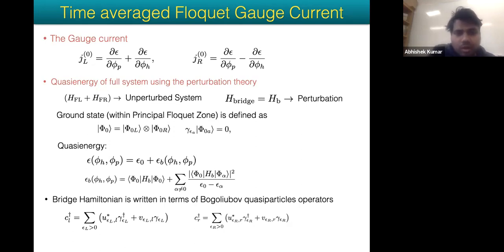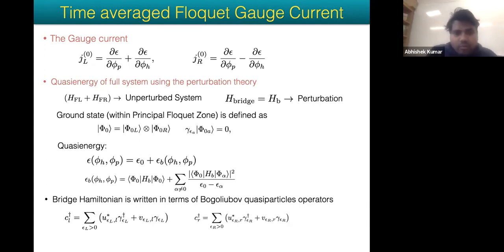We also write the bridge Hamiltonian HB in terms of the Bogoliubov quasi particles, and the transformation is written here from the CL dagger to the gamma L dagger and gamma L, and similarly CR dagger, the left and right side.